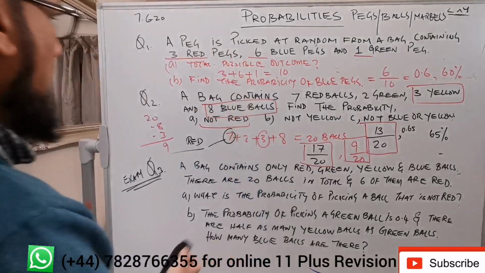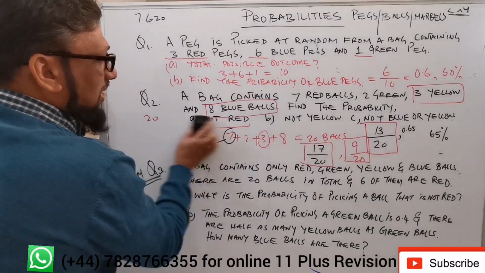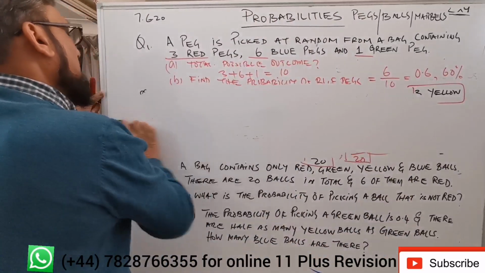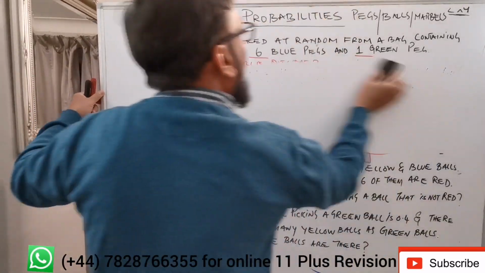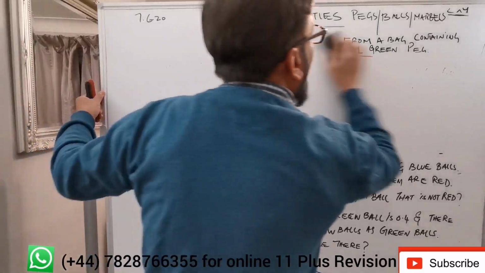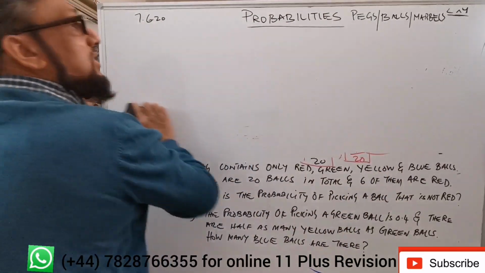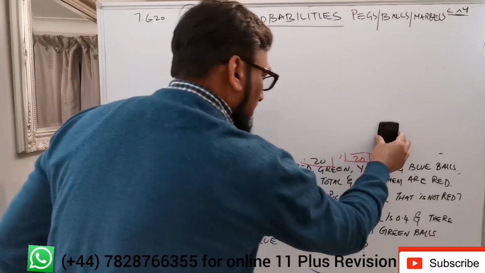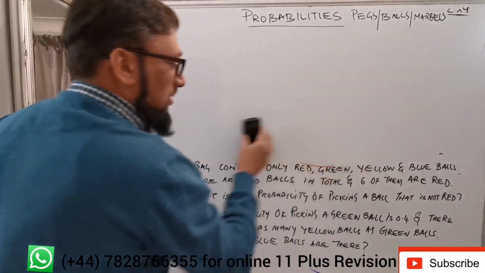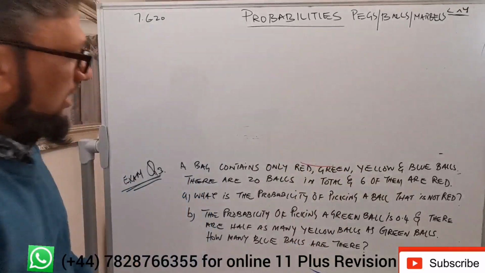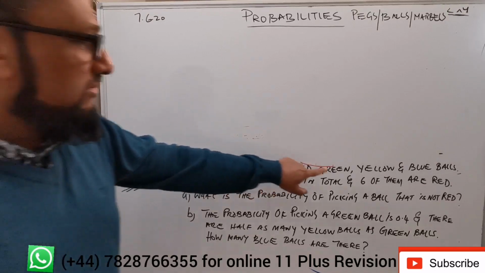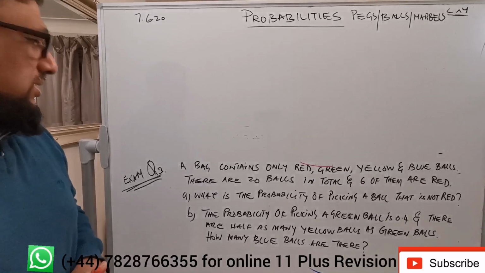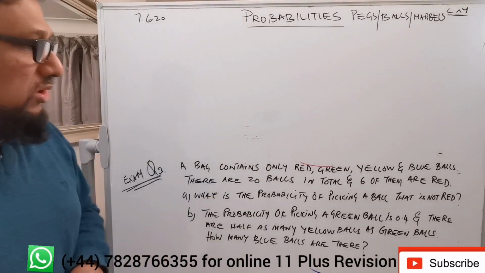Now I'm going to erase this one, and this question, the third one, is an important question and has come up a couple of times in exams as well. So you need to read and understand the question. A bag contains only red, green, yellow and blue balls. There are 20 balls in total.